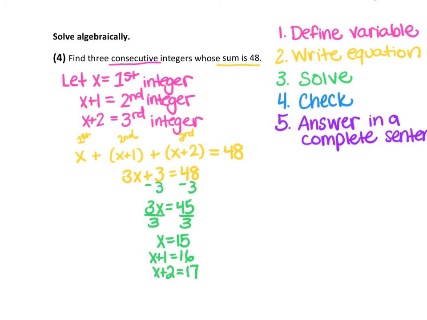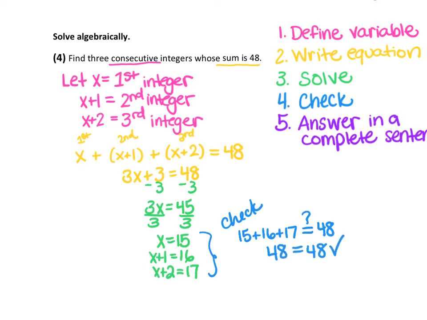Now we want to check this to make sure that we are correct. So let's just check our three integers here. So here's our check. Does 15 plus 16 plus 17 equal 48? In my calculator, I checked it and it sure does. 48 equals 48.